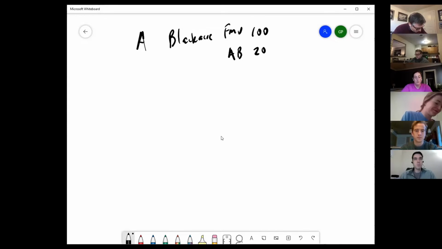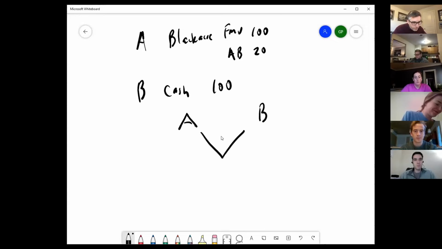And B is going to contribute cash of 100. So I'm going to drop that down into this, let's call it an LLC. And they're each going to get back 1 unit of the LLC. So they're going to own 50% each of the LLC.